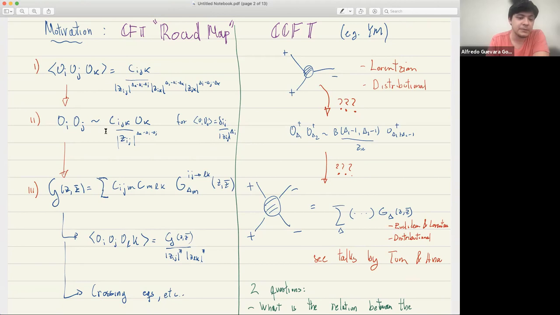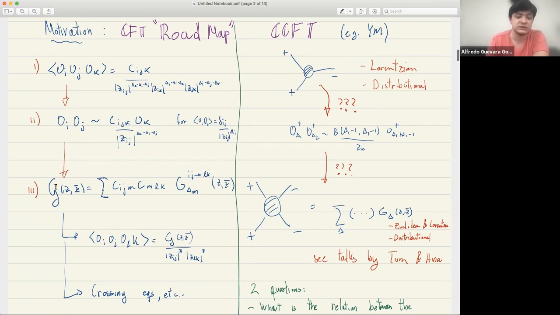And from the OPE, we know that we can use conformal symmetry again and basically construct this function, which I call G, that's composed of the structure constants and the conformal blocks that include all descendants of a given primary family. And these conformal blocks then provide a nice decomposition of the 4-point function for different weights.